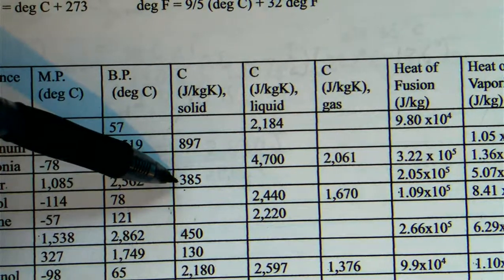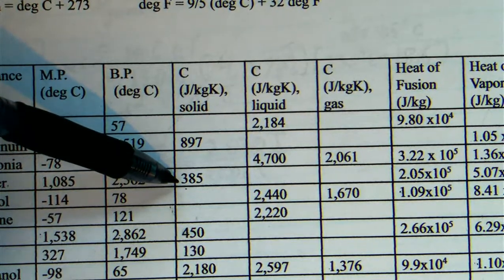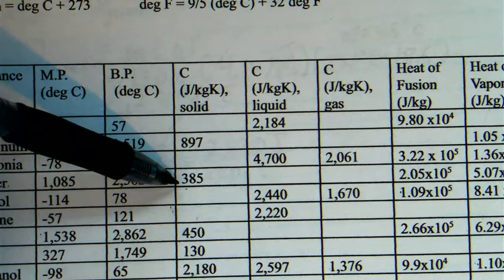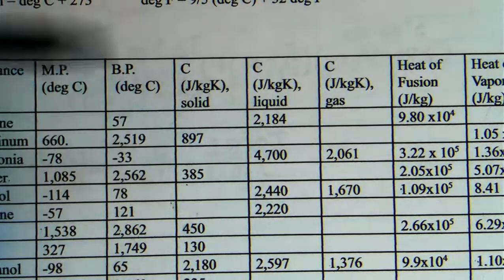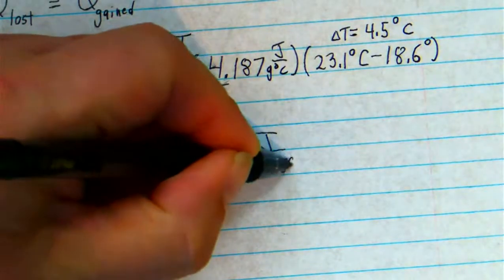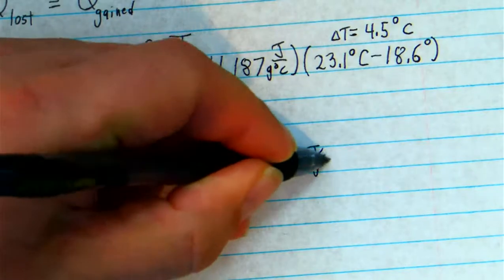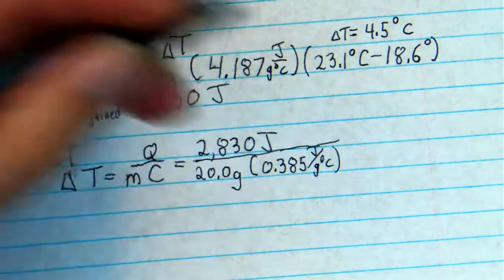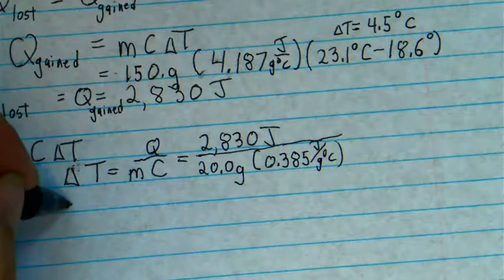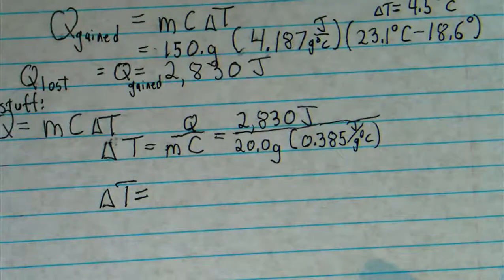It is 385 joules per kilogram per Kelvin, and I want it in joules per gram, so I divide by 1,000, and I'm going to use a value of 0.385 joules per gram per degree Celsius. What do you get?